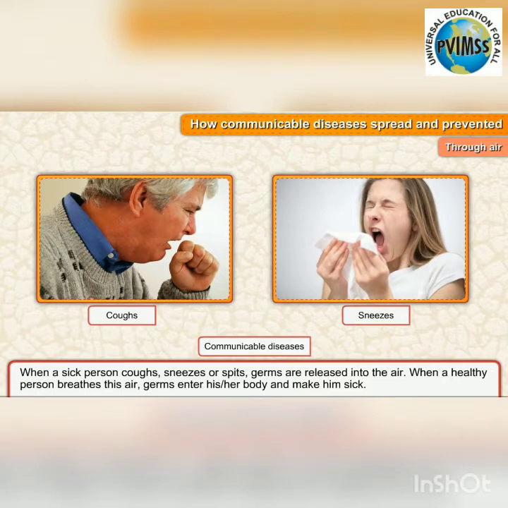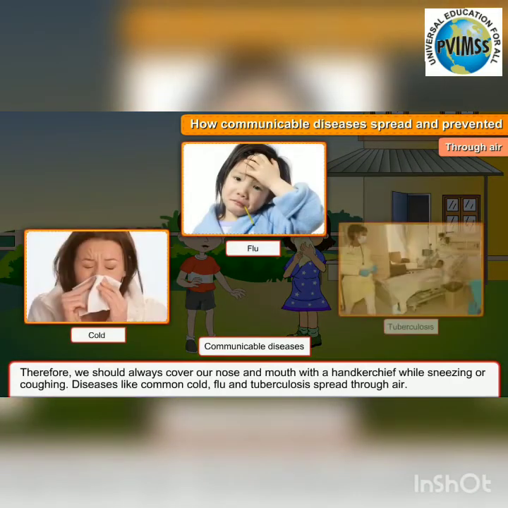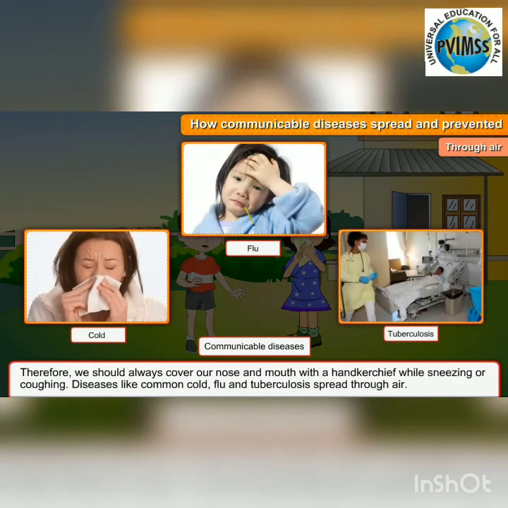When a healthy person breathes this air, germs enter his body and make him sick. Therefore, we should always cover our nose and mouth with a handkerchief while sneezing or coughing. Diseases like common cold, flu, and tuberculosis spread through air.